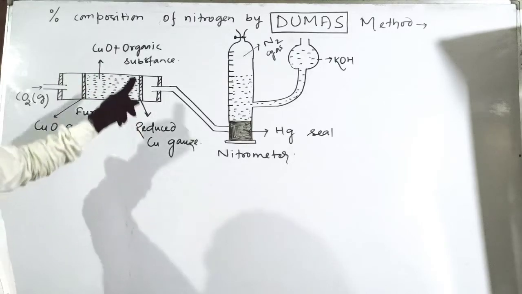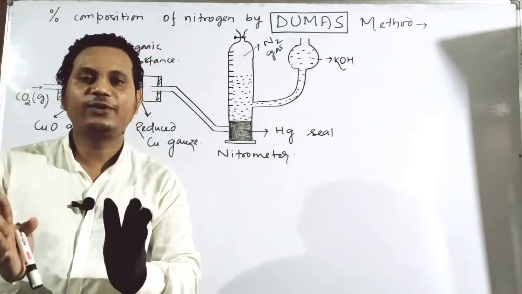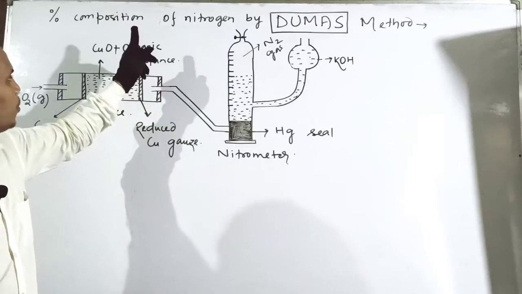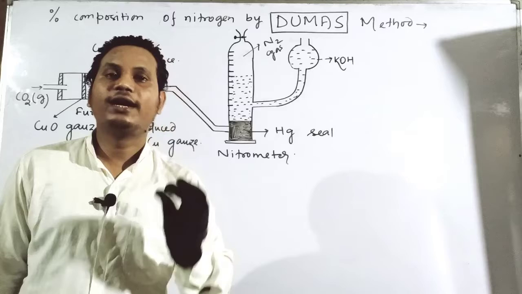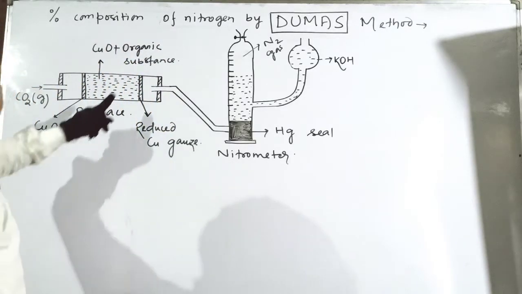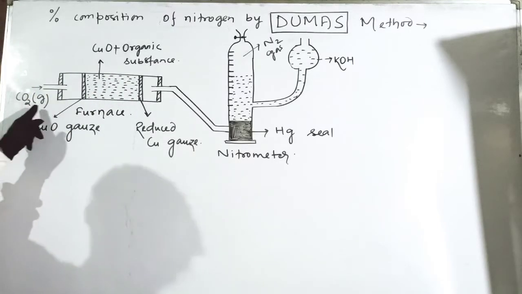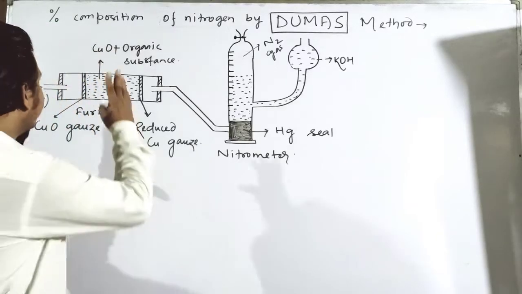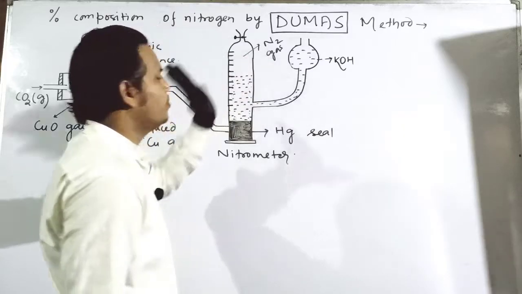In this organic substance nitrogen is present, and we have to determine its percentage composition. So we treat the organic compound with copper oxide in presence of carbon dioxide gas. Then if this reaction occurs, nitrogen gas will be produced.